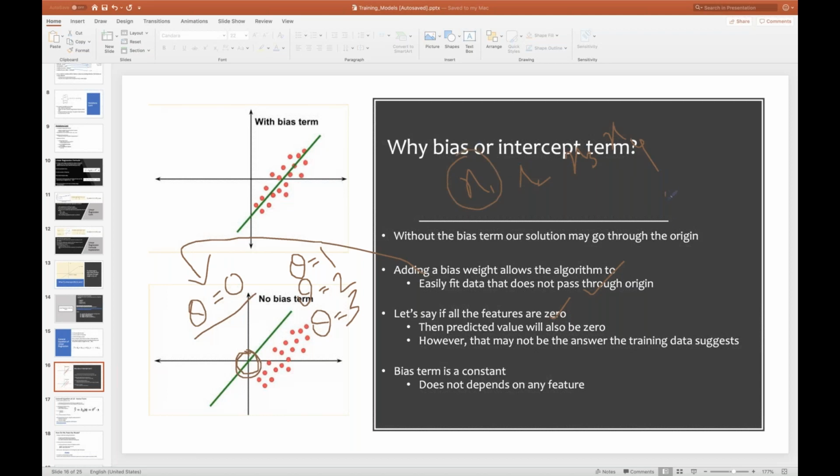If I say x of i, that is the ith feature value. When I say x of 1, that is the first feature's value. When I say x of 2, that is the second feature's value. But the features are longitude here, latitude here, inhabitants here, and median income here, as I showed you in the previous slide.